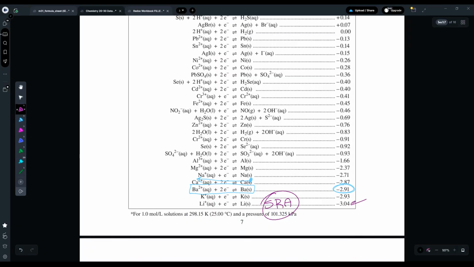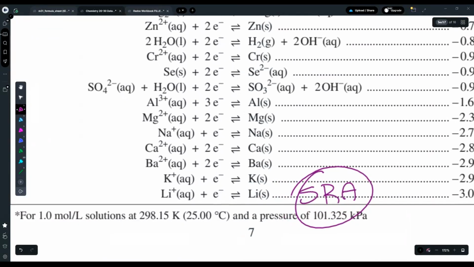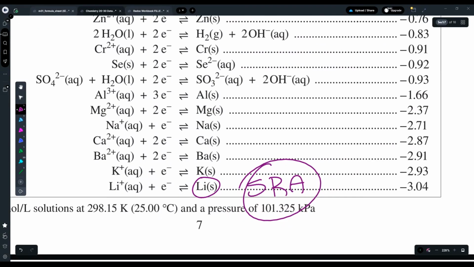The most negative reduction electrical potential belongs to the weakest oxidizing agent. And again, if we flipped these values, then it would belong to the reducing agent.